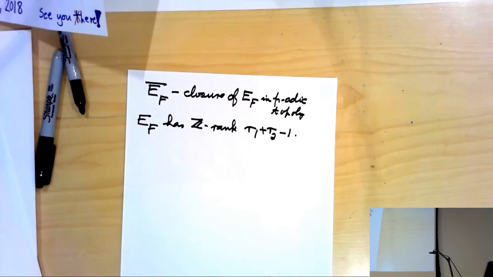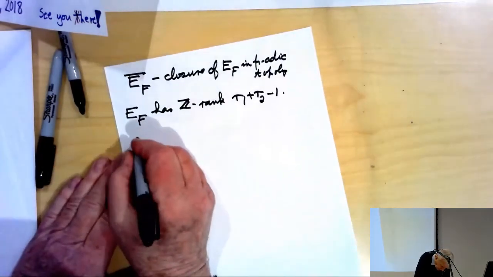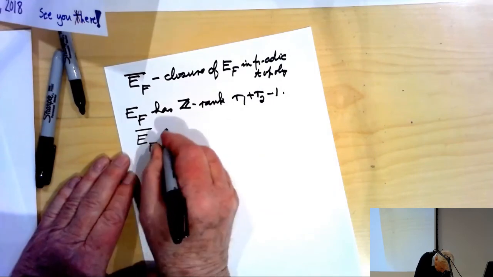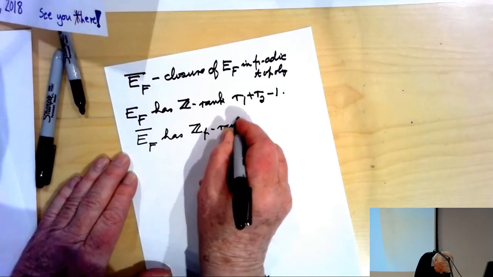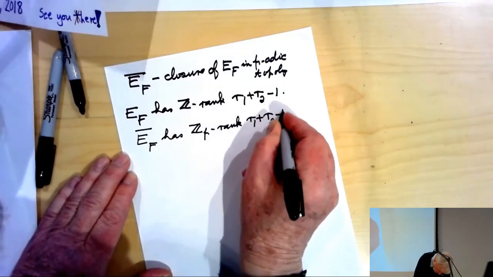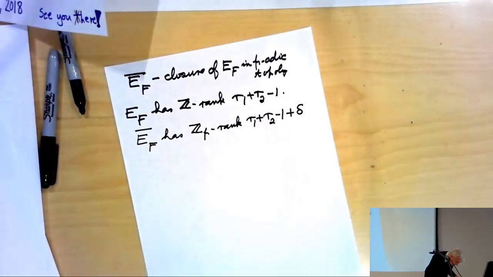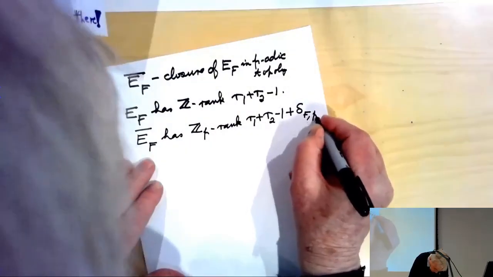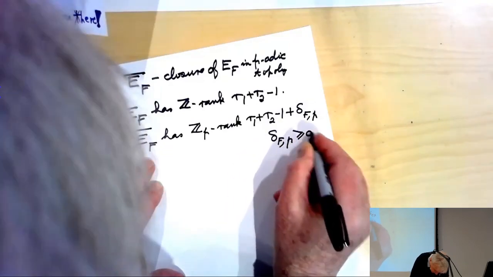So all we can say in an elementary way is that EF bar has ZP rank R1 plus R2 minus 1 plus delta FP, where delta FP is some integer greater than or equal to 0.